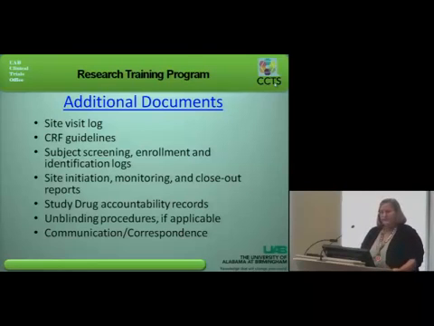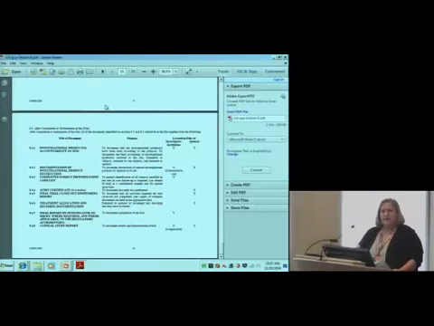If you want to know what the other documents are, I encourage you to always go back to your ICH GCP Essential Documents list in Chapter 8. Chapter 8 will tell you the title of the document, the purpose, and the location of the files. The key take-home point is to make sure that you know where this is, where you can go find it, and it'll tell you exactly what is required before, during, and after the course of the study.